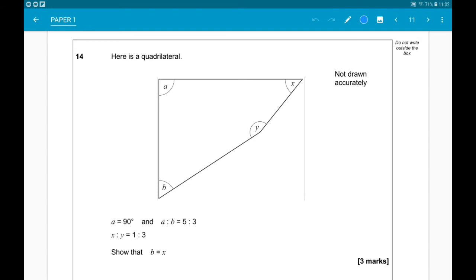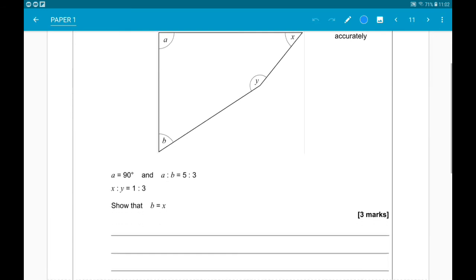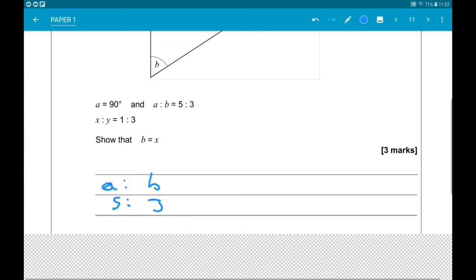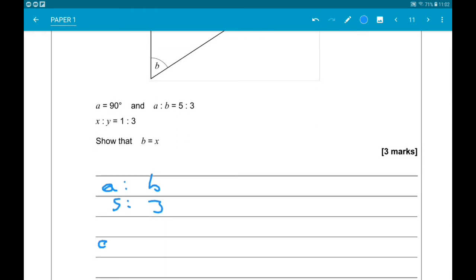Okay, so let's start with finding what B is. So we know A to B are in the ratio 5 to 3. Now we know that A is actually 90 degrees. So what we need to do is work out how to turn 5 into 90.